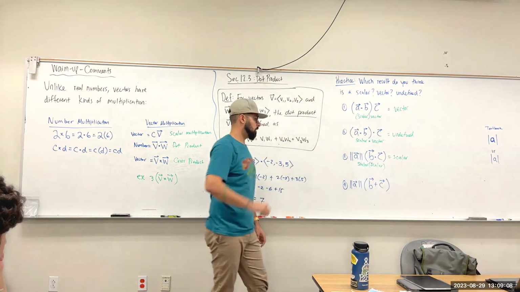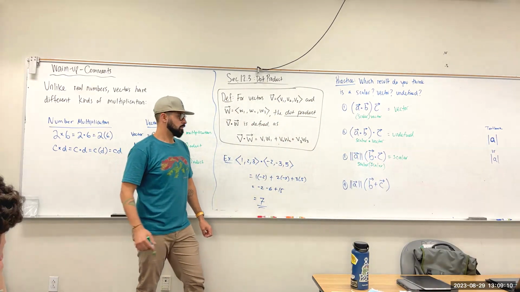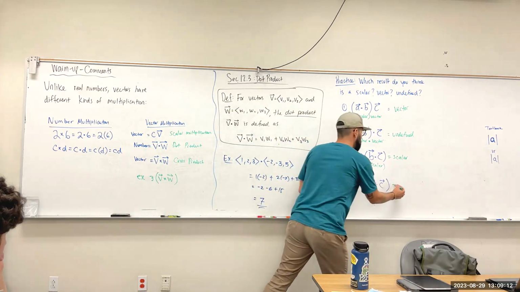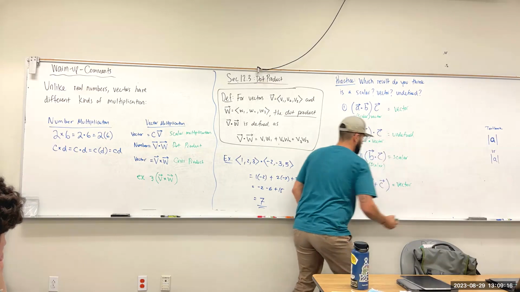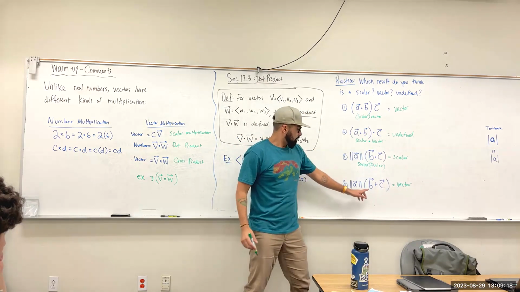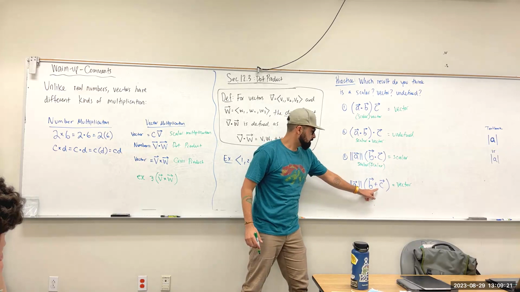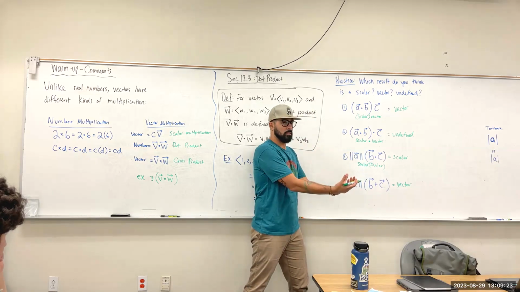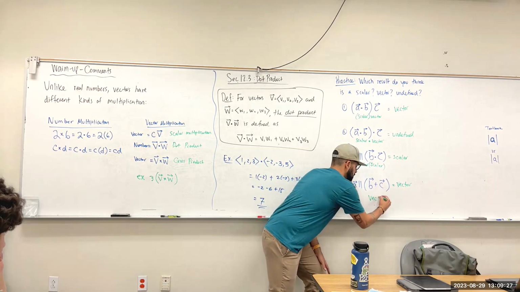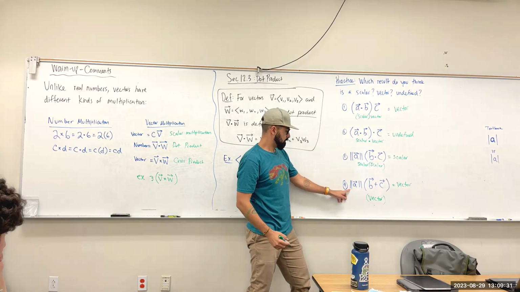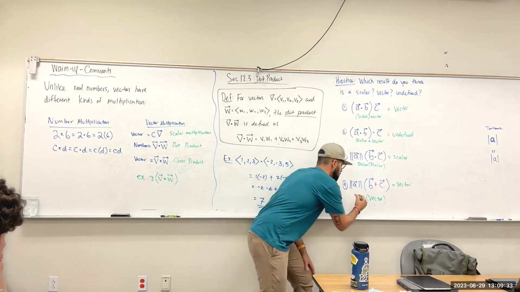And then the last row, what did you guys say for that one? Vector. Okay, so a vector plus a vector produces what? Another vector, right? That's what we did last week. And then the magnitude of a vector is a scalar.